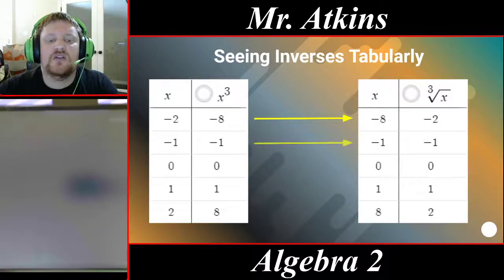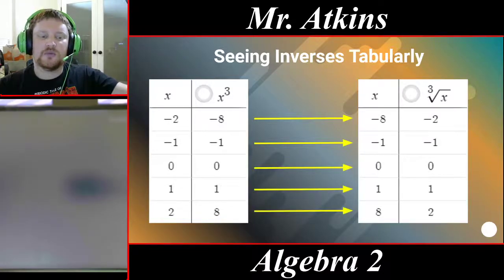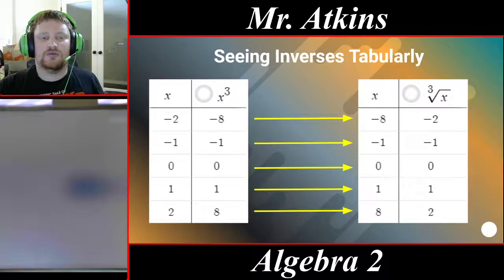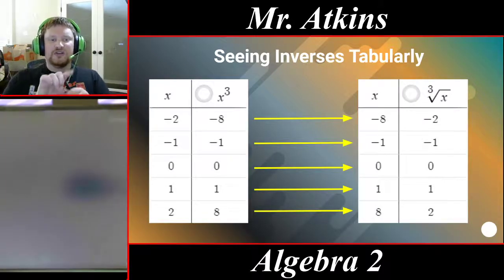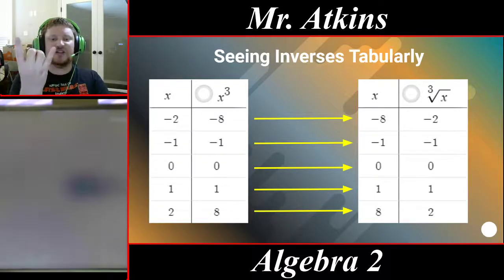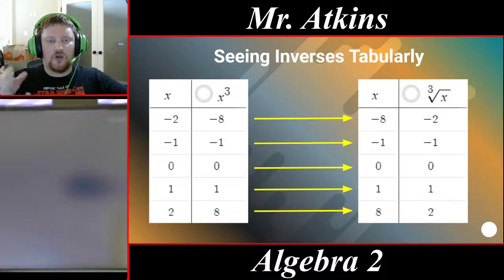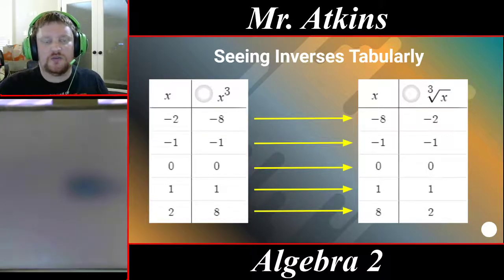And then they switch, but we can't see that because they're the same number. Same's true for the next couple, but if we go all the way down to the bottom, 2, 8 becomes 8, 2. So all you have to do when you're looking at a table is switch the sides of the table. All the x values become y values, all the y values become x values.